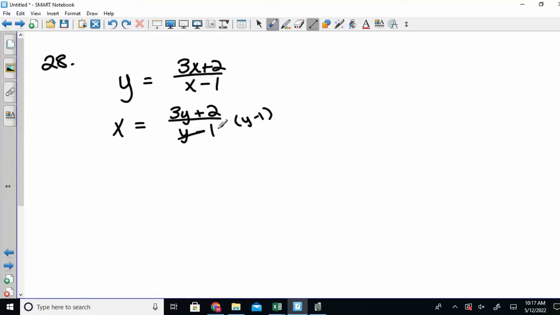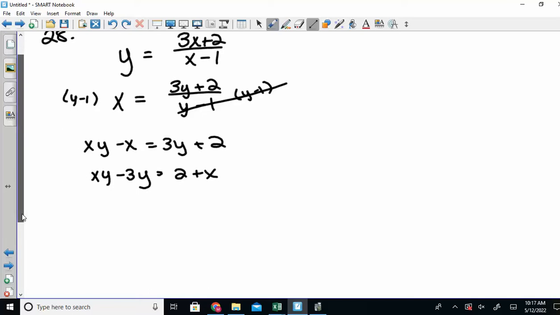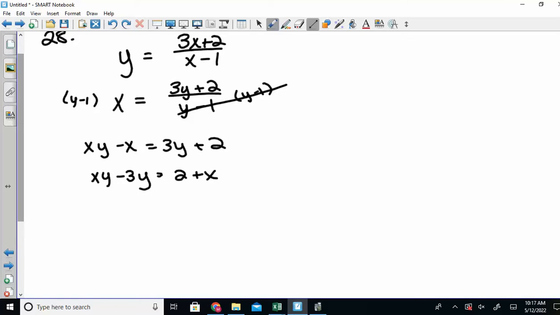Now we have to solve for y, so we have to get the y by itself. So I'm going to get rid of my fraction. So it gives me xy minus x equals 3y plus 2. We need the y's on the same side, so I'm going to subtract over my 3y and add over this x. Okay, I can't actually add xy and 3y, but what could I do?